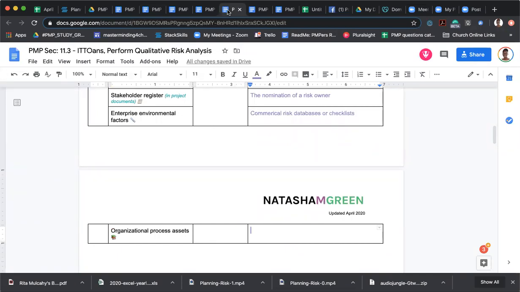We also talked about yesterday how the risk the company will take on should be in company documents.